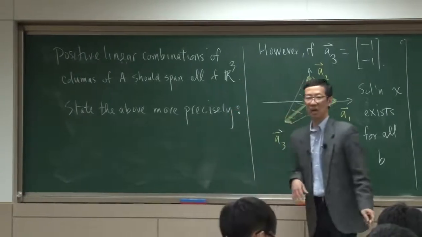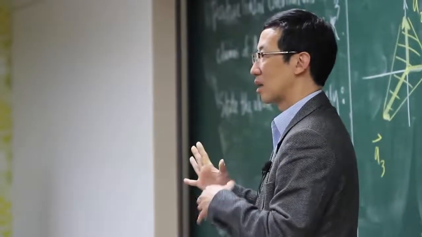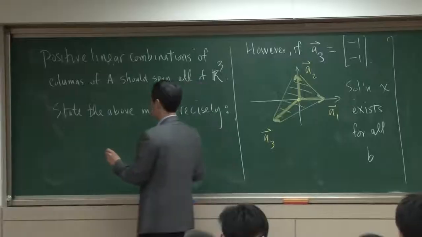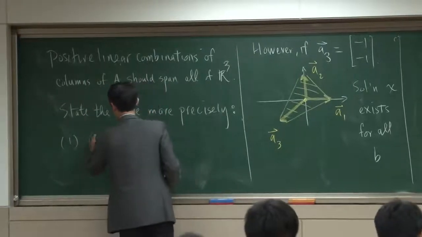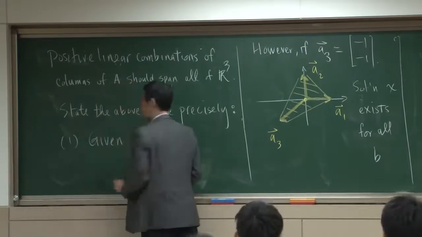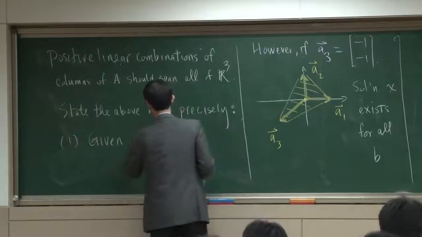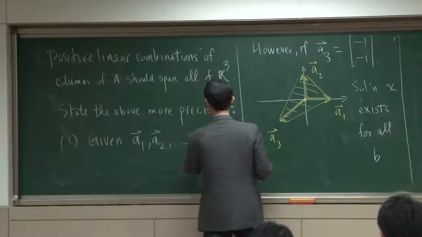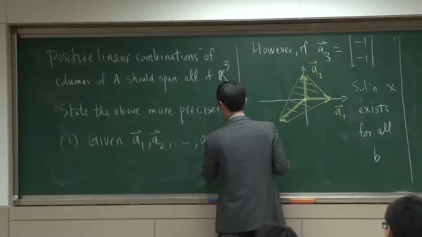First thing we're going to do is define something called the convex hull. Let's say that we have some vectors A1, A2, and so on, n of them.